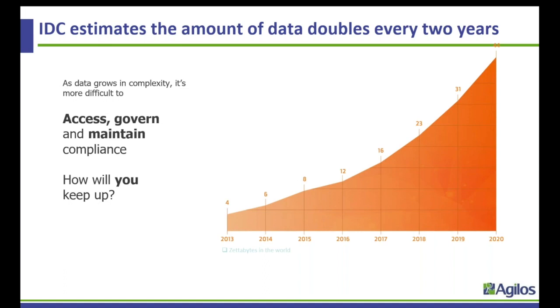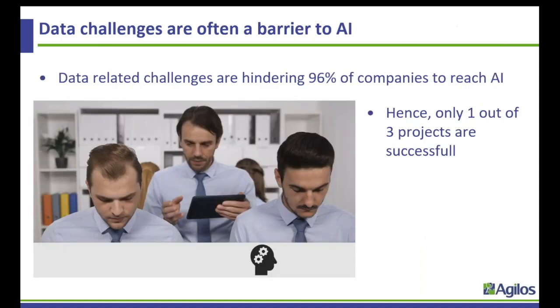So, of course, it makes it difficult to access the data, to make sure that your data is correct, to govern your data, to maintain compliance. So that's one of the big challenges that you will have in these times. And those data challenges that you encounter are actually often hindering the companies.